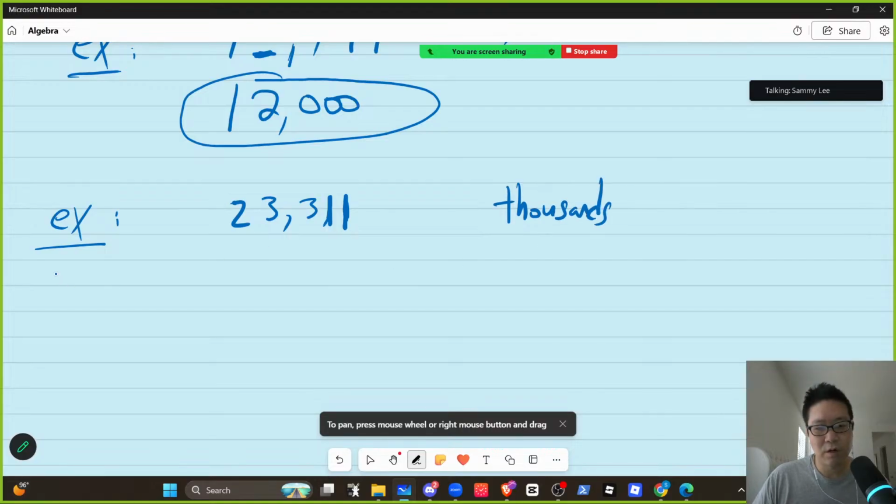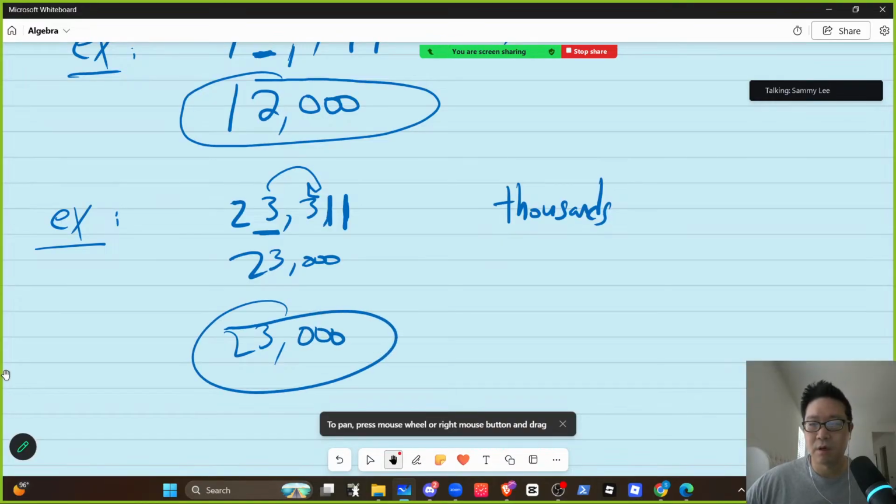What's the answer? 23,000. Good. Because the number in the thousands place is 3. The number to the right of it is 3. So we're going to end up rounding down. And so the 2 stays the same, the 3 stays the same, and everything to the right gets turned into zeros.